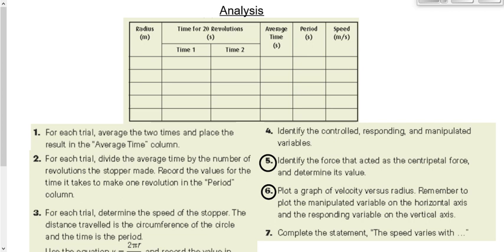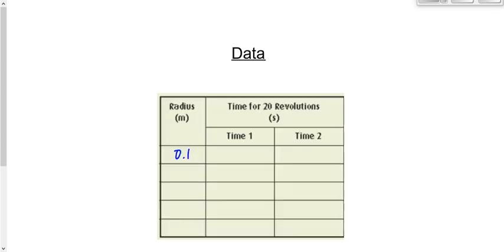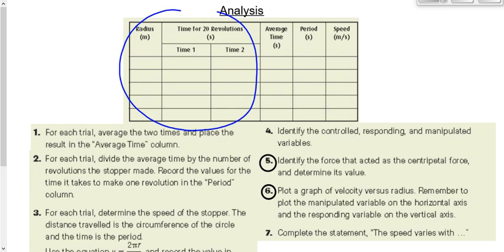It's okay to repeat the data in the analysis table, but you should have the data separate from that as well. So under the data heading, you should see this. Under the analysis heading, you should see this, where it doesn't have to have the data repeated. You can have the data repeated, but in addition to that, you've got these 3 columns.